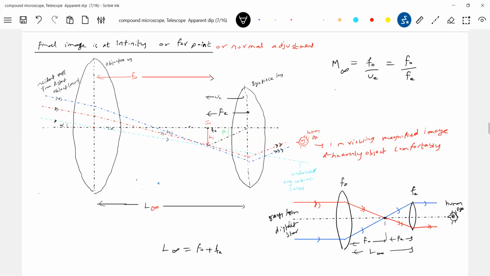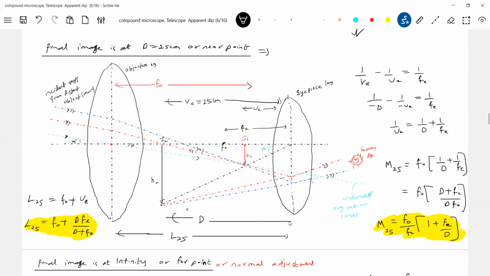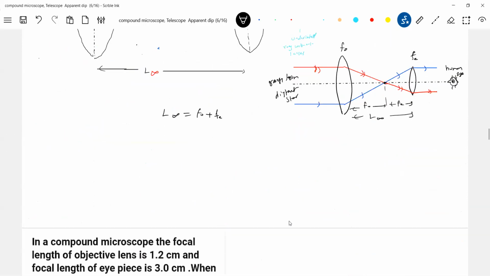Okay, fine. So this is about the theoretical idea. Now let's see, for image at 25 centimeter, I'll show how that image is what we actually see.